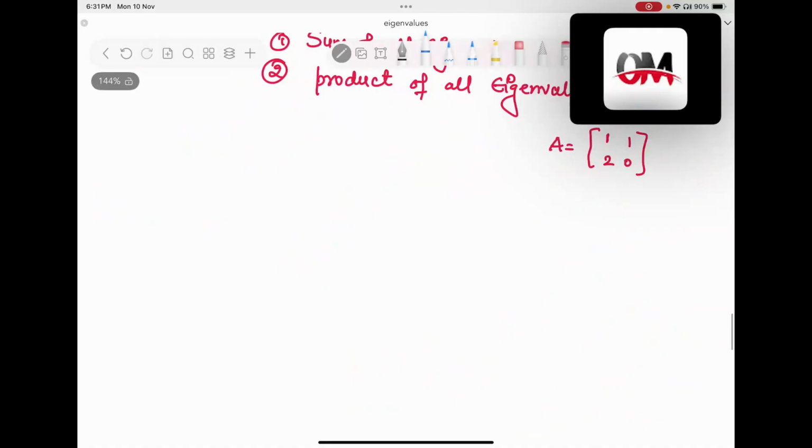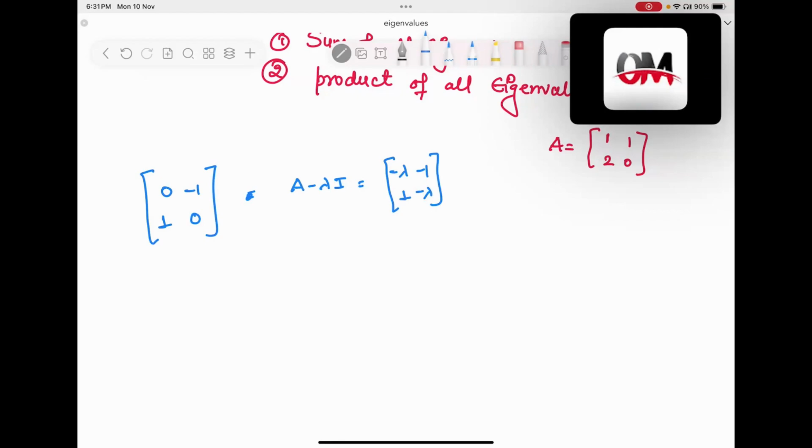Okay, let me give you one example for this. Suppose you take this one, 0 minus 1, 1 0. Now if you calculate A minus lambda I here, it will be minus lambda, minus 1, 1, minus lambda. So it will be lambda square plus 1. This is the characteristic polynomial P(lambda).